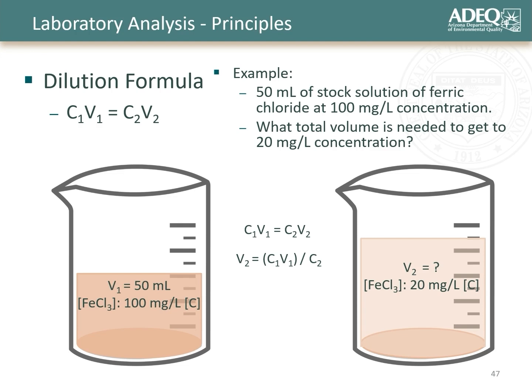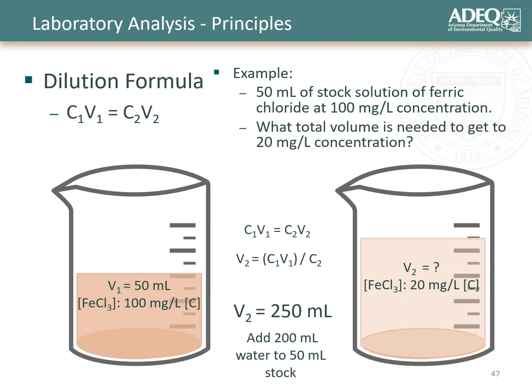In this equation, we take C1 times V1, so that is 100 times 50 mL, and divide that by C2, our 20 milligrams per liter, and that gives us a V2 of 250 mL. What this is telling us is our final volume needs to be 250 mL.